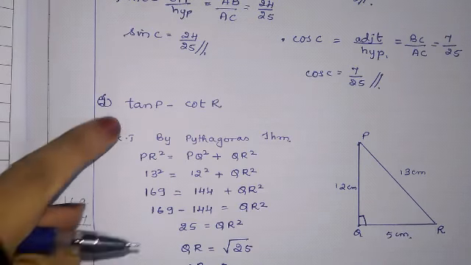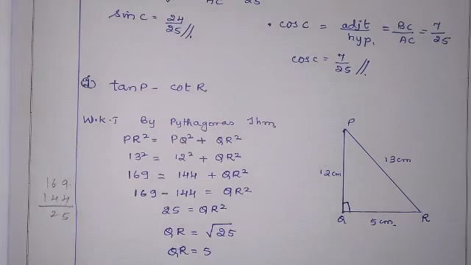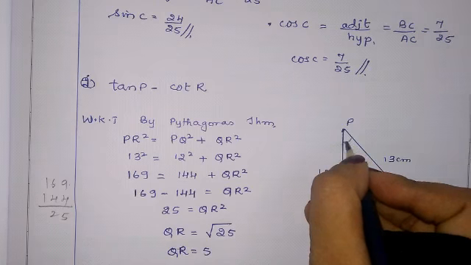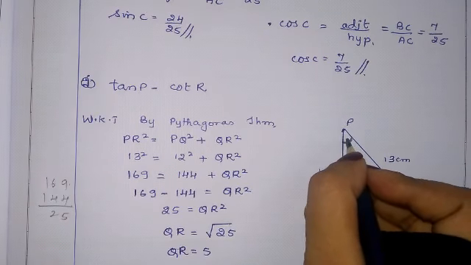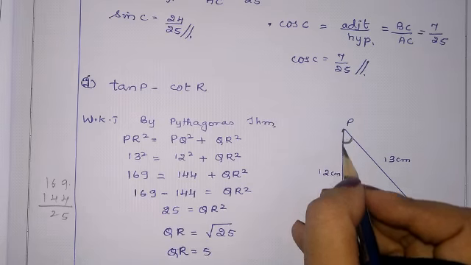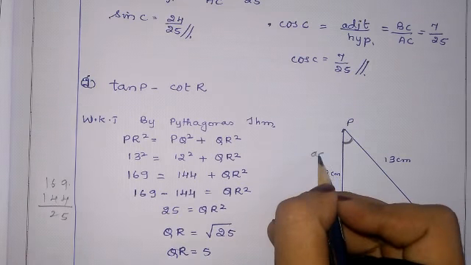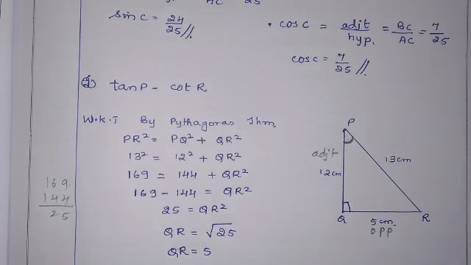Now, in question tan P, let us focus on the figure. P means this side angle. This is the angle P. Angle P opposite is this side, and the angle line side is nothing but adjacent. So tan P will be what?